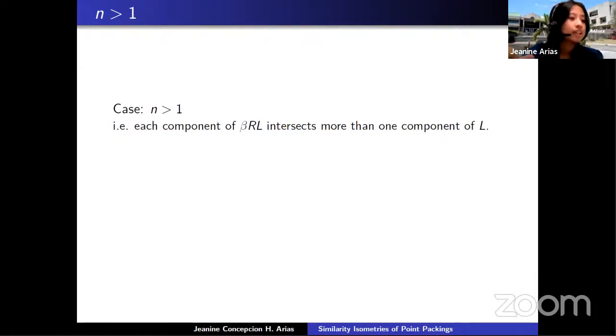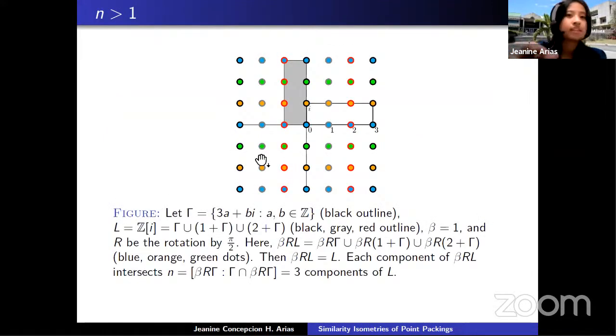To illustrate n greater than 1, let us have this example. We take gamma to be the 3 by 1 rectangular lattice, given by the black outline dots here, here, here.